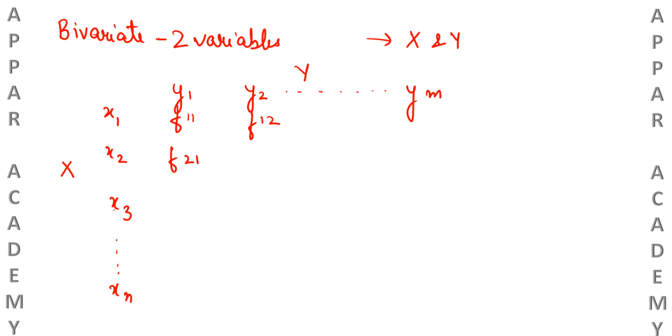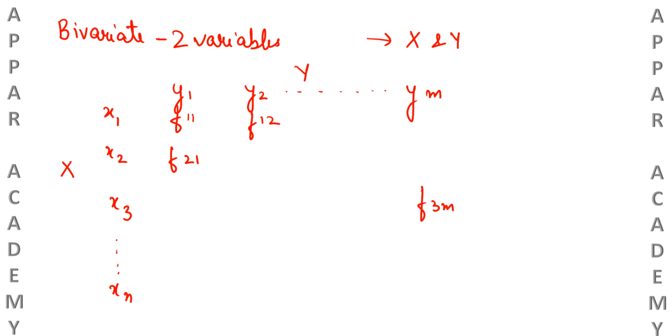The frequency that x attains the value x3 and y attains the value ym will be f3m, and so on. Such a table is known as a bivariate frequency distribution. So today we'll particularly talk about how to find the coefficient of correlation for this kind of data. Let's see how we'll actually do it.